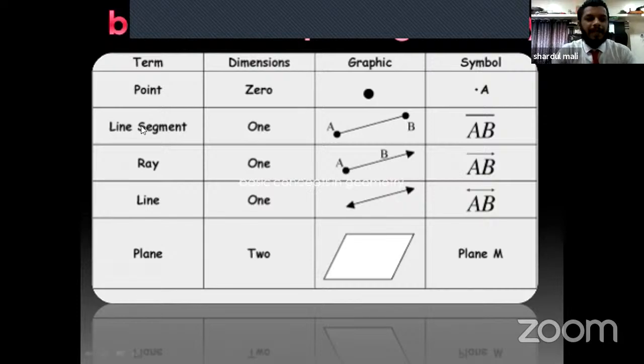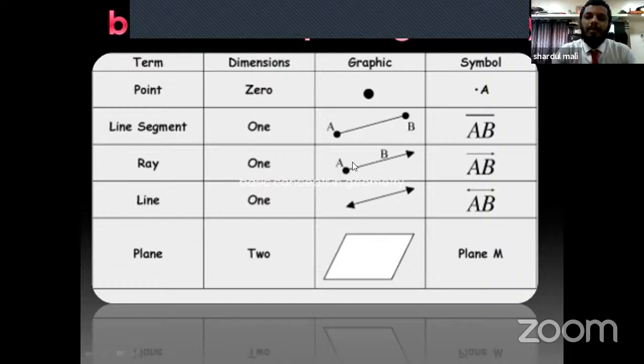Third concept is ray. A ray is also a single dimensional concept. The diagram of the ray you can see in the third column, third row. The ray has an endpoint on one side, and on the other side an arrowhead.